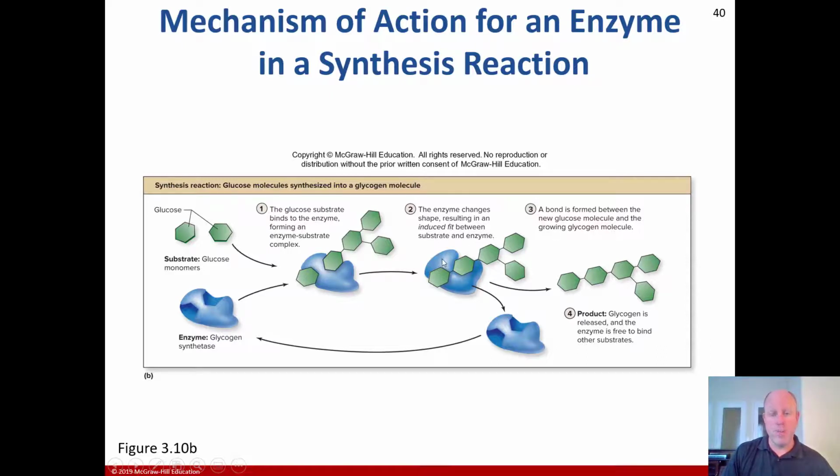The enzyme changes shape once again, resulting in an induced fit between the substrate and the enzyme. The bond is formed, forming glycogen, and that glycogen is going to be basically stored in muscles or liver, okay? And then the product, the glycogen, is released, and then the enzyme is free to bind with other substrates once again, but only with glucose for the glycogen synthetase to formulate glycogen, okay?